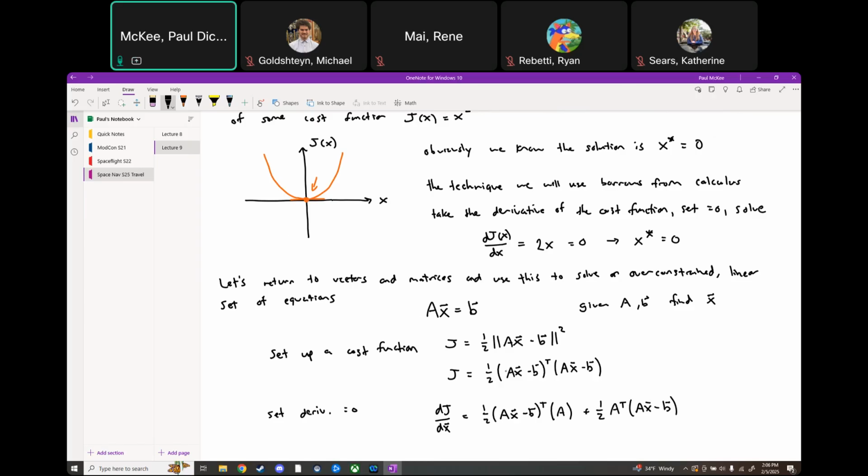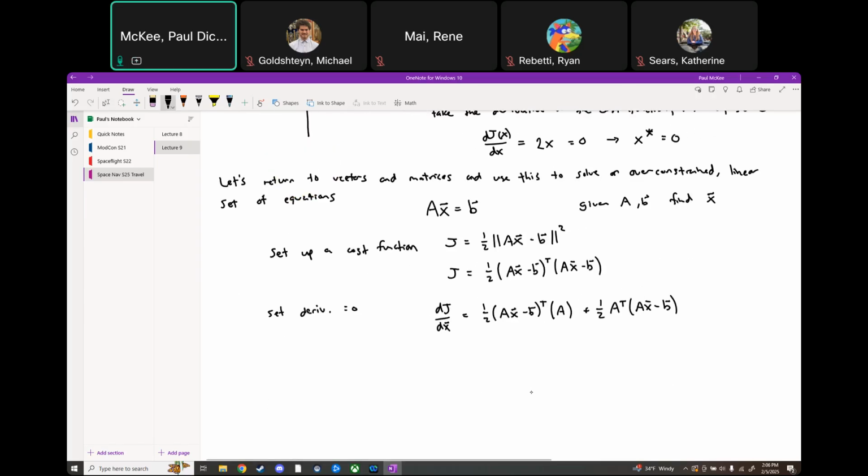Now, if we go through and distribute, this is equal to negative 1/2 b transpose A plus 1/2 x transpose A transpose A plus 1/2 A transpose Ax minus 1/2 A transpose b. Right, all we're doing is distributing.